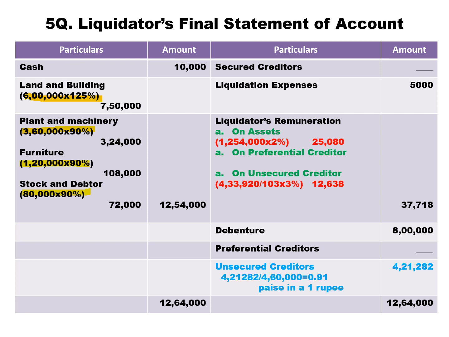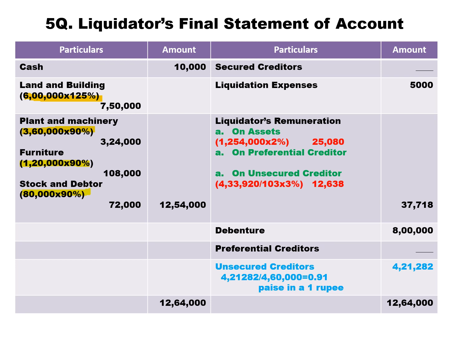How to calculate? The amount available is 4,33,920, divided by 103 into 3. Whenever sufficient amount is not available, we should use the second formula: amount available divided by 103 into 3%.